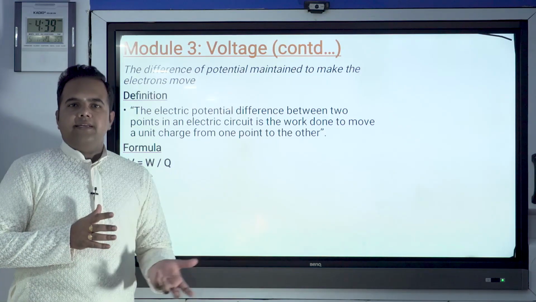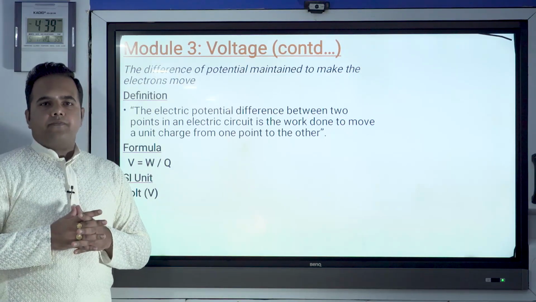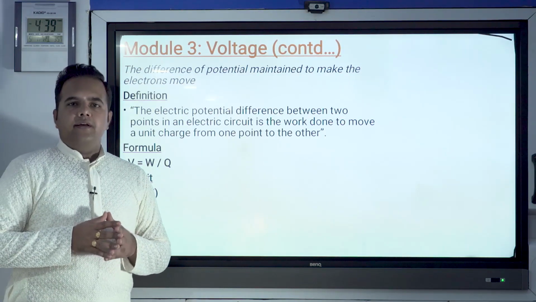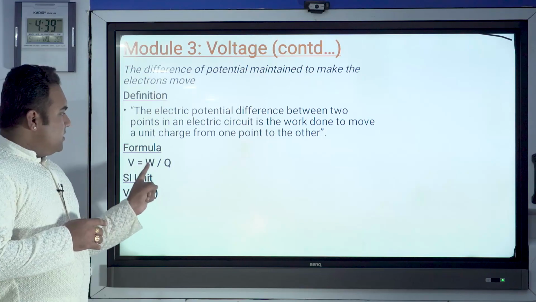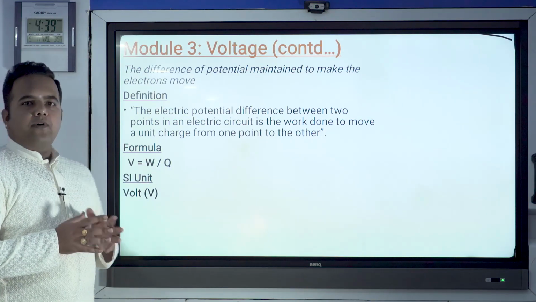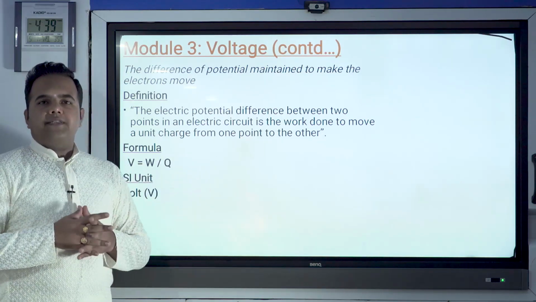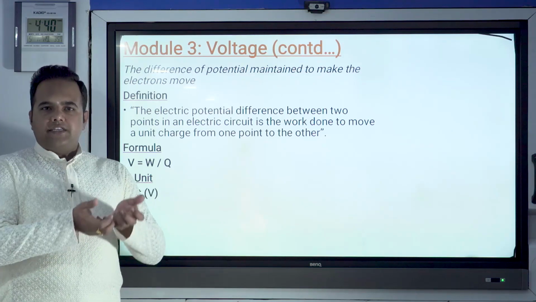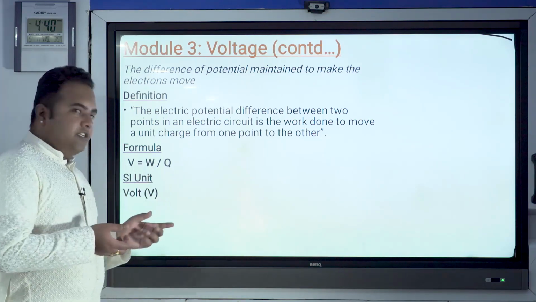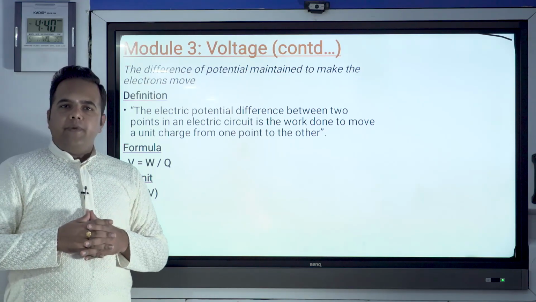The moment the battery is drained, there is no more energy supply to the electrons to flow. So a 9 volt battery means 9 joules of energy is being given to every coulomb of charge. These electrons, as you have seen in the previous slide, take this energy, carry it, and then give it to the equipment to function.